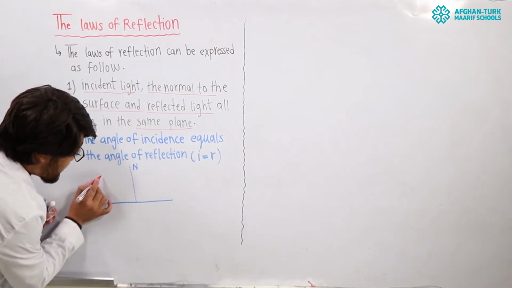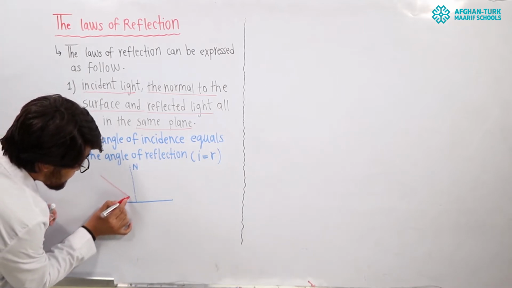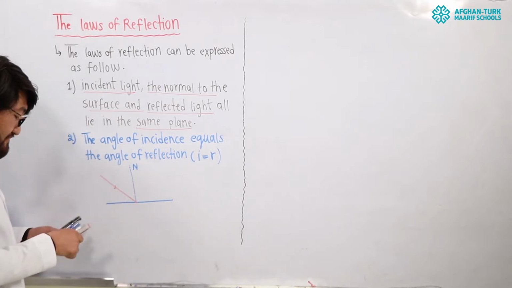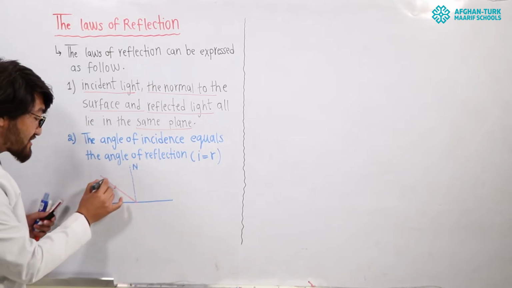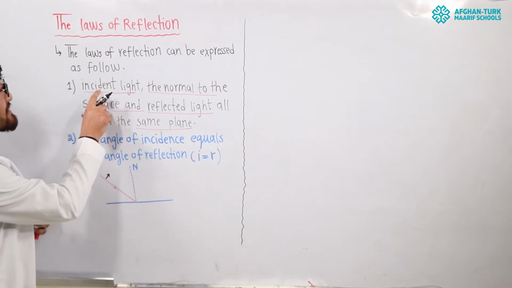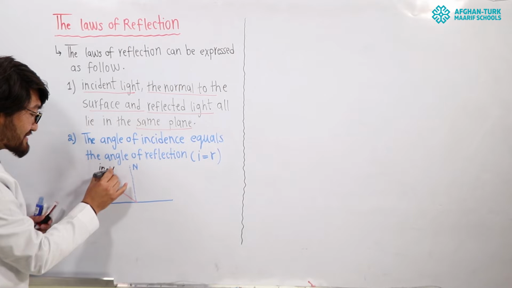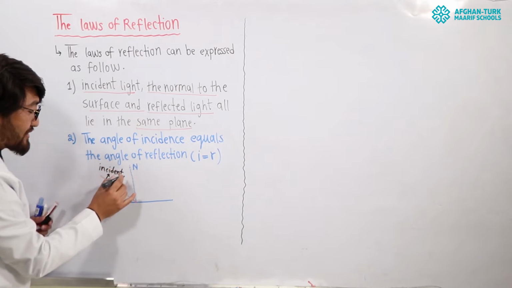Okay. A light ray strikes the surface. This light ray is called incident light. Incident ray, or we can say incident light.